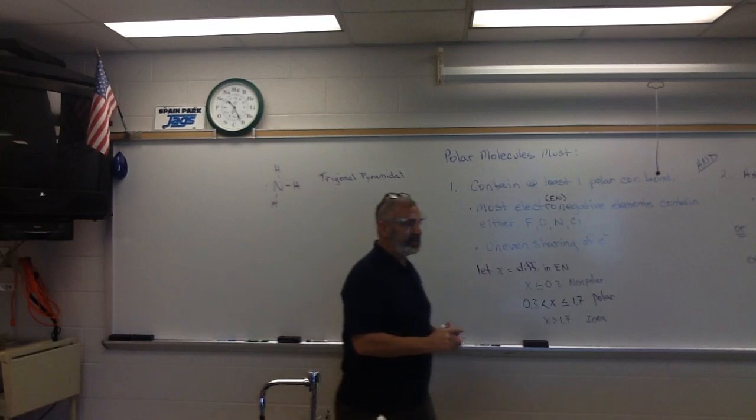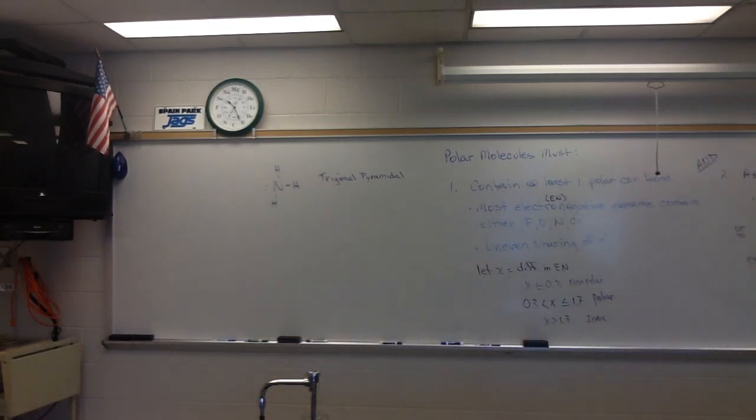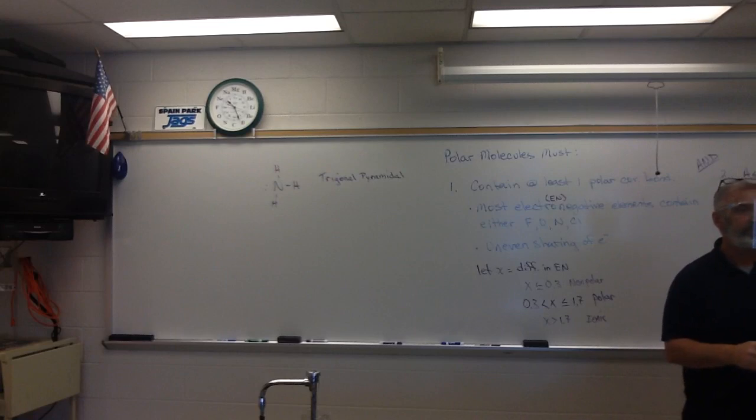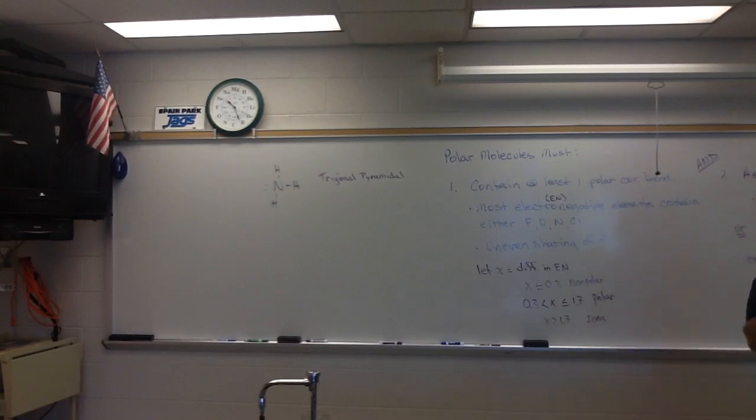So that means, again, when I build this, this is my lone pair, is the stick, okay? Now notice, the nitrogen is the more electronegative element, so the electrons are being pulled here, and being pulled there, up. Are they going to cancel each other out? No, this is an asymmetrical molecule.